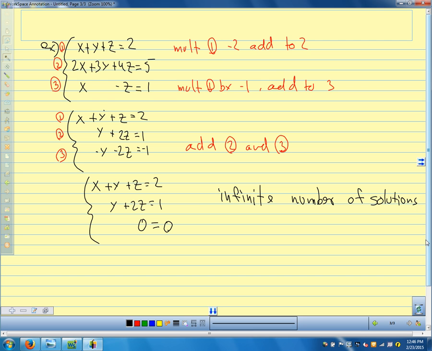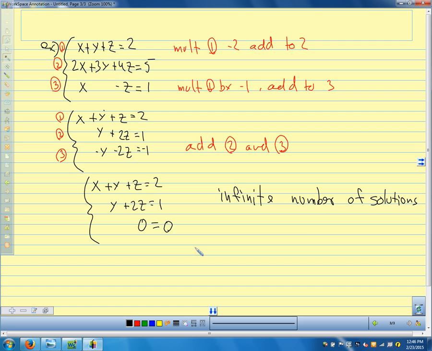So just like with a two-variable system, when you get something like 0 equals 0, 1 equals 1, 5 equals 5, something like that, we have an infinite number of solutions. And because we're talking about three planes intersecting, it's a little more complicated than it is when we're talking about lines intersecting. And I'll show you some pictures in just a second. So this gives us an infinite number of solutions.